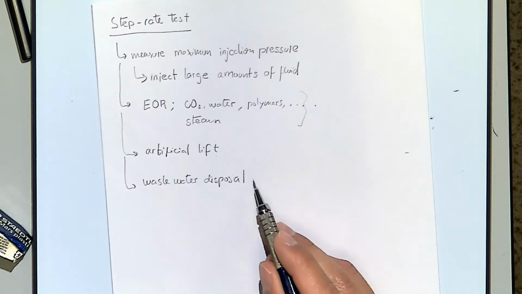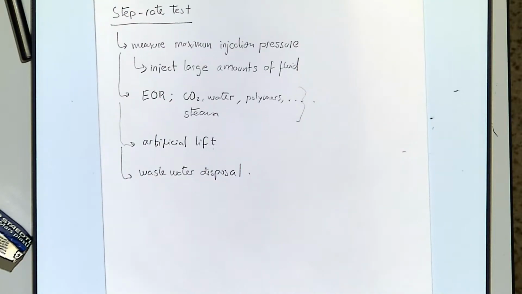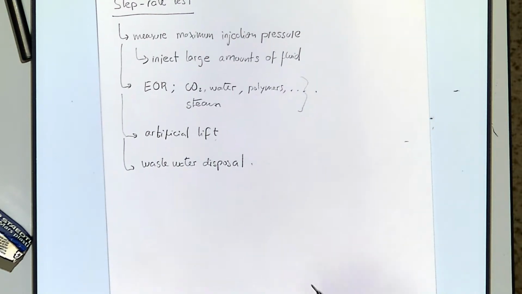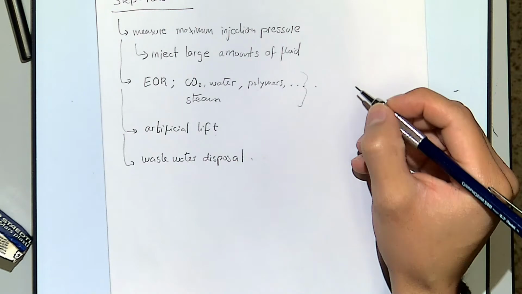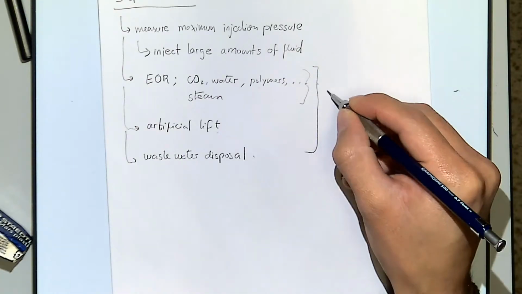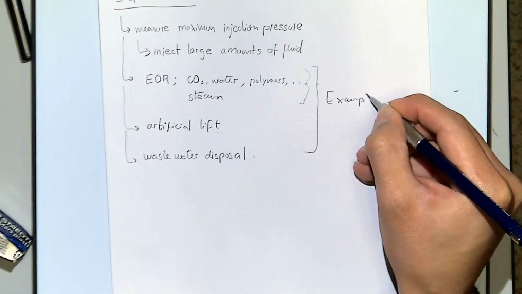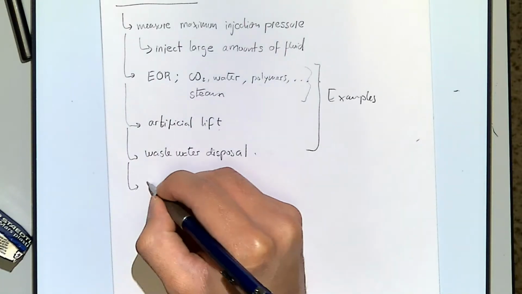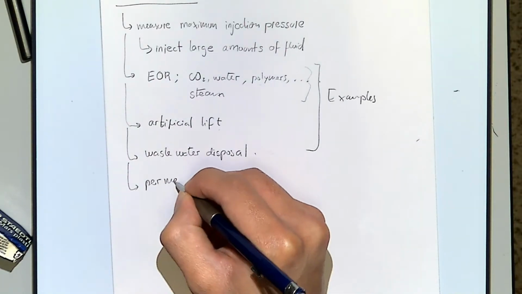But in this case, you want to inject as much as possible. So in these cases now, the objective is actually to inject fluids, and usually this is going to be done in a more or less permeable formation.